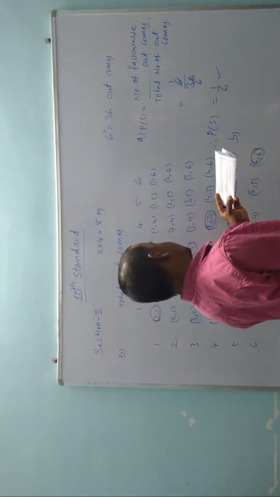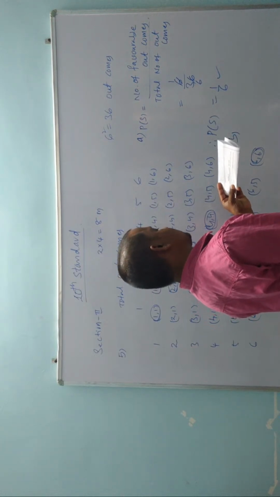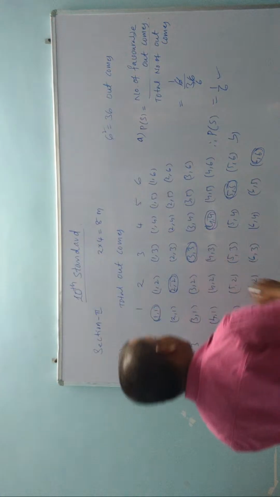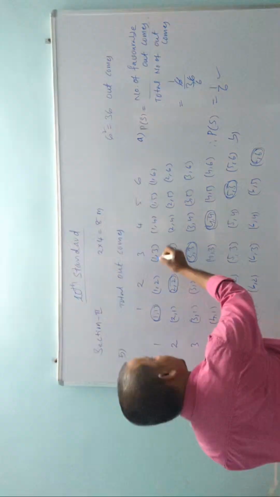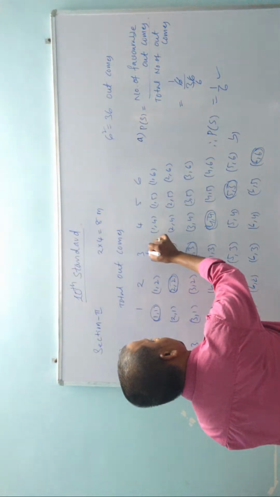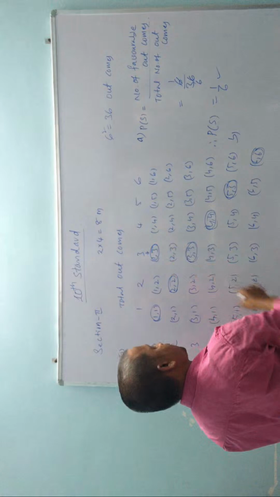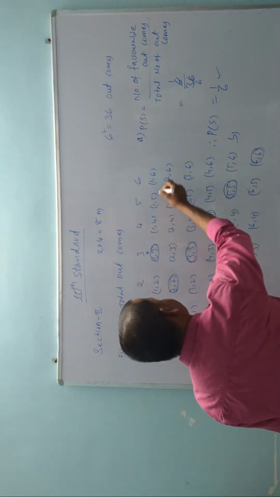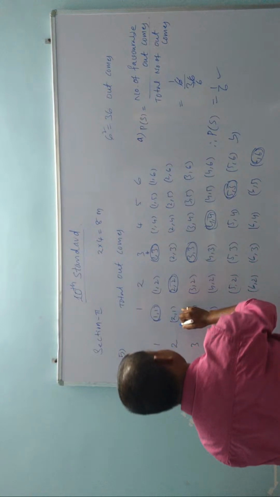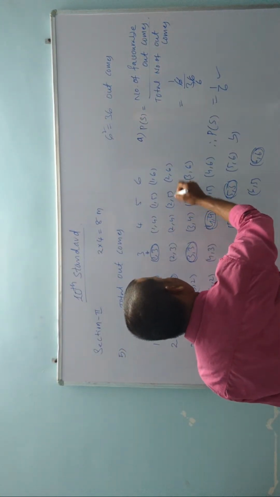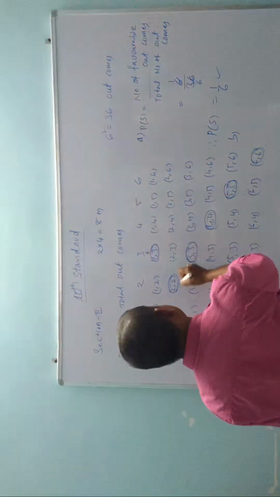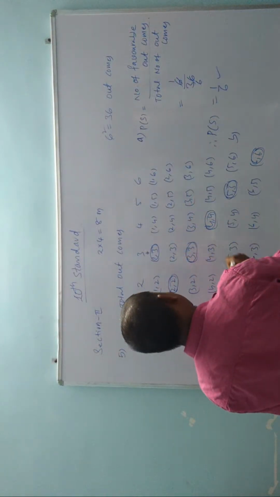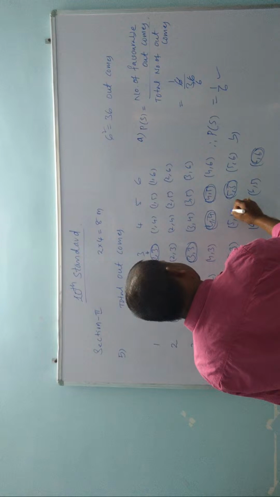Then the second question, B: the sum of the numbers on the top faces of both dice is a perfect square. So where do we get a perfect square as the sum on 2 dice? Here 1 and 3, 1 plus 3 is 4. 4 is a perfect square. Next, 1 square, 2 square, 3 square is 9. Where do we get 9? 5 plus 4 is 9, and 4 plus 5 also 9.